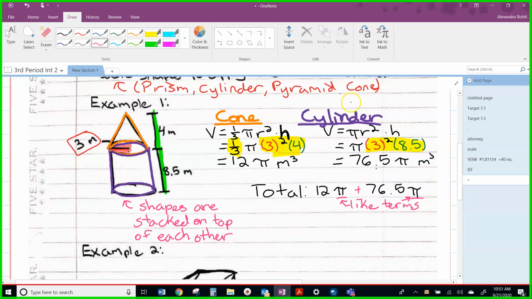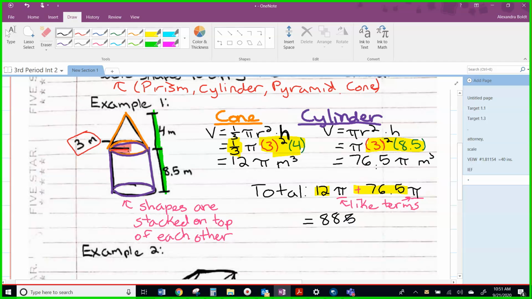So I do get to add them together. Okay, so I can only combine them if they're like terms. And what I'm going to type in my calculator is 12 plus 76.5. I still don't type pi into my calculator. And 12 plus 76.5 is 88.5.